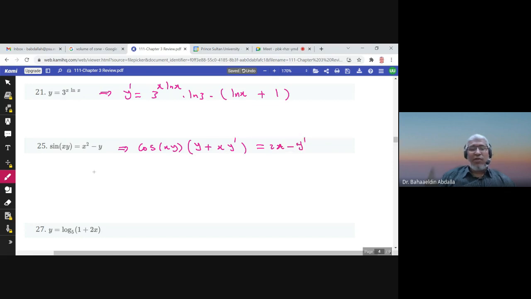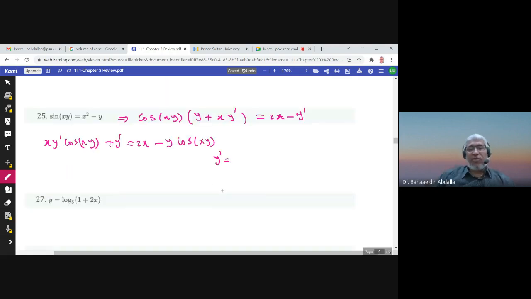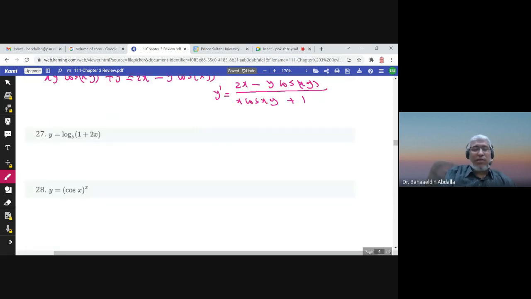Well, I have x y prime times cosine xy plus y prime on one side, and I have 2x minus y times cosine xy on the other side, and then I can take y prime as a common factor, and I divide. 2x minus cosine xy over x cosine xy plus 1 when I take y prime as a common factor from the left-hand side.